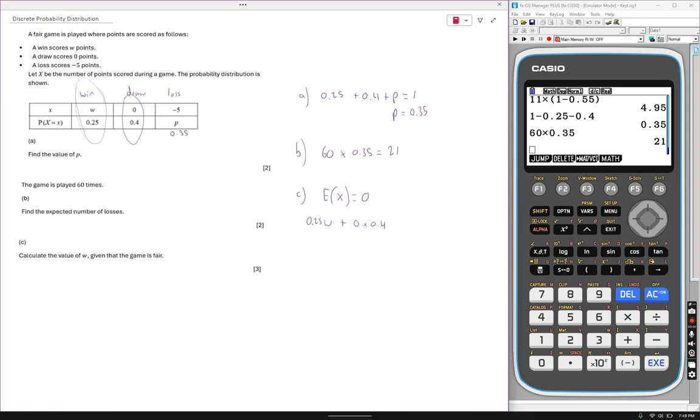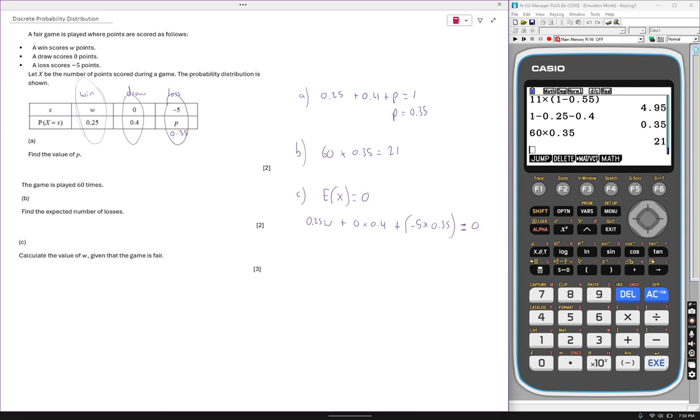Anything times 0 is 0, so that's going to cancel itself out. Plus the last column is going to be -5, let's put this in brackets, -5 times 0.35. And all of that we want to equal 0.